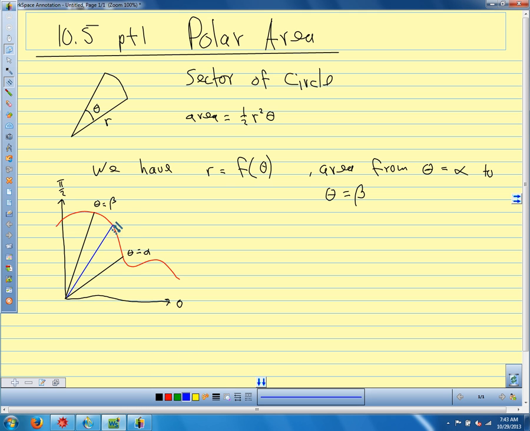I'm going to draw those in blue here, and this little angle is going to be delta theta, and the radius at that little interval is going to be our r sub i, the radius at the ith subinterval.